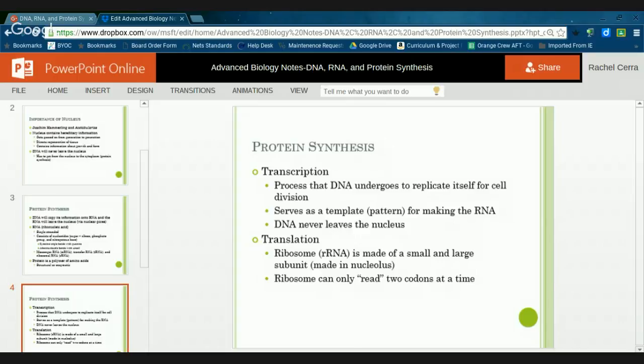And if you recall, they're made in your nucleolus. So again, important to note, DNA never leaves the nucleus. All right, so that's basically transcription in a nutshell. We're not going too far in depth since we've already gone over that before.